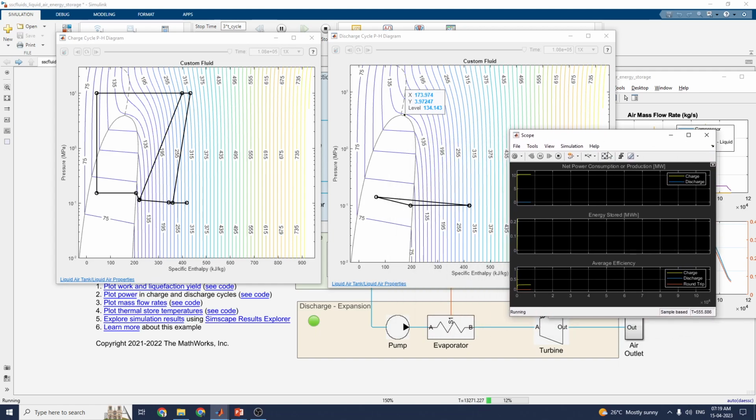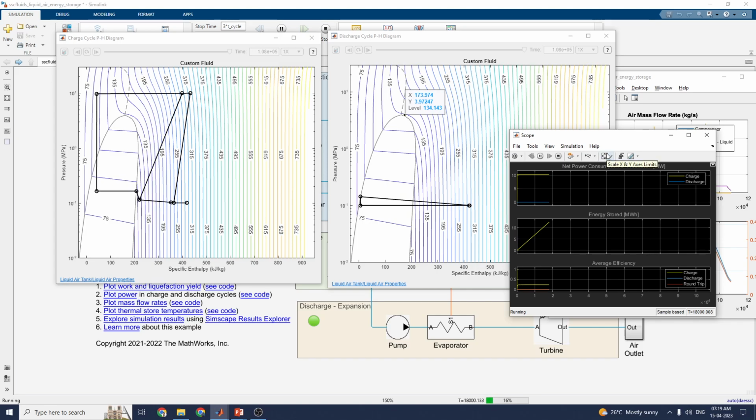Now you can see after the charge cycle, there is some difference. The discharge cycle is moving on. Now you can see the output for net power consumption or production during the charge and discharge.